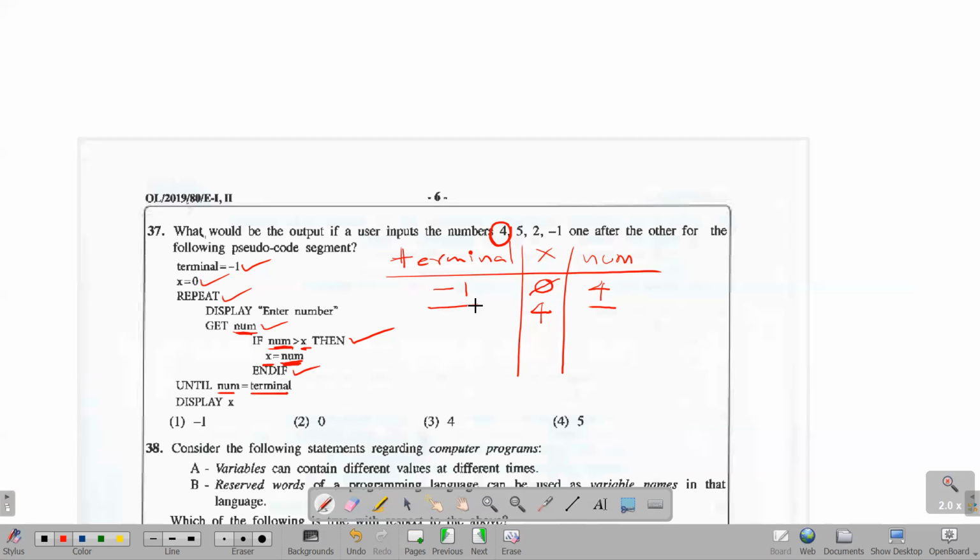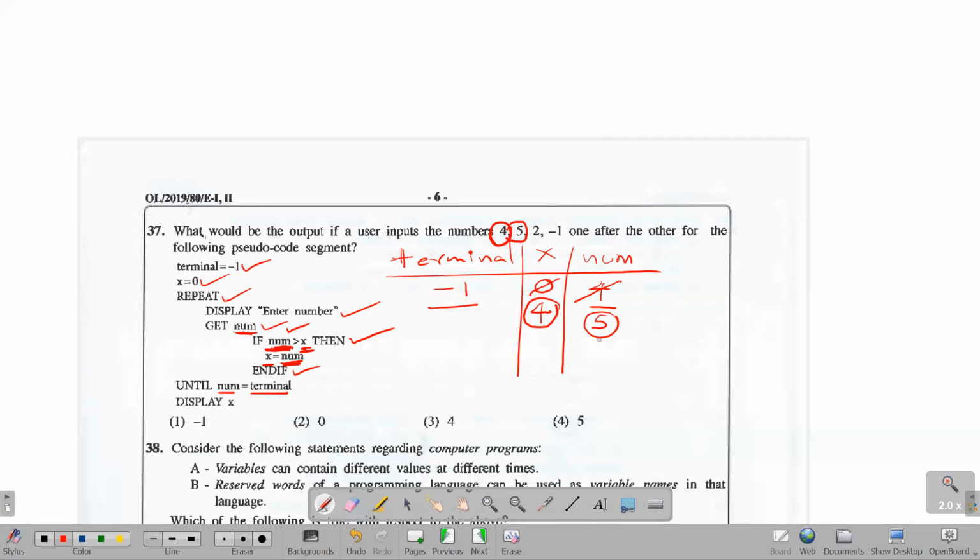So they are not equal. So then this happens again. Display enter number will display. So the user will provide 5. So it will be read into num. So now num has the value 5. Now it checks whether num is larger than x. Num is 5, x is 4.